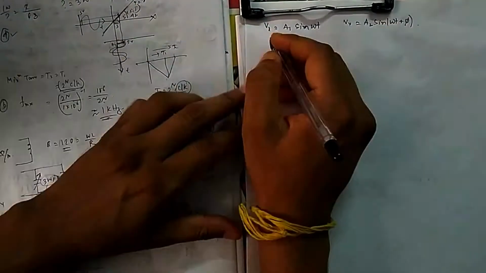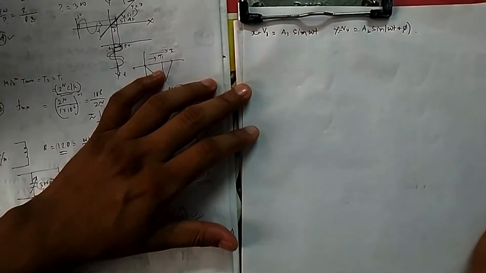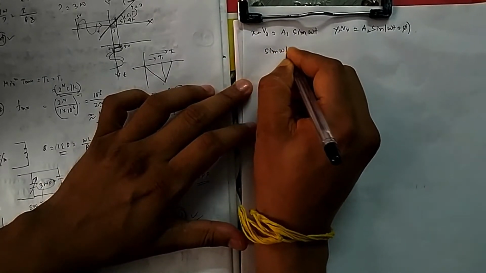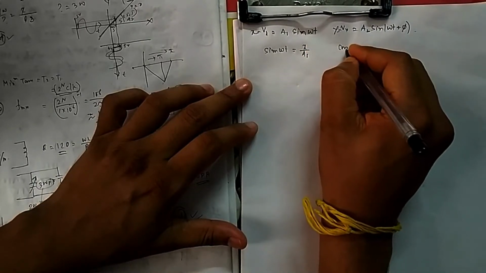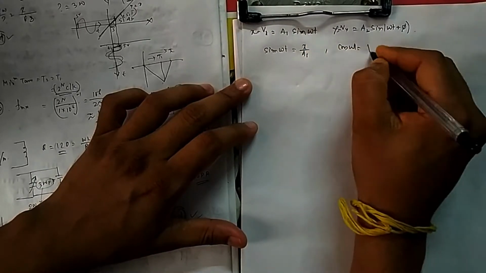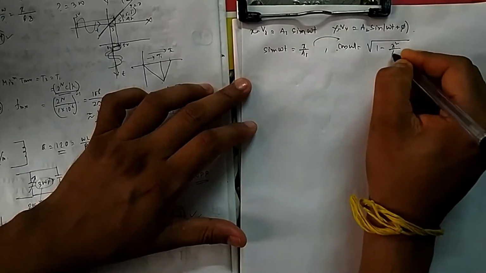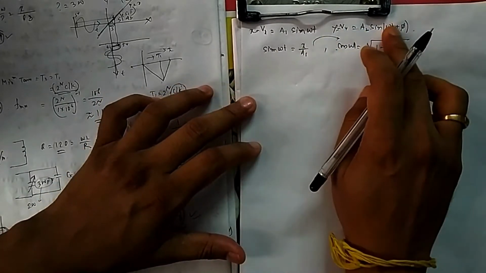That is my idea. So from here I will get x, from here I will get y. So what is your sine omega t? Your sine omega t will be equal to x by a1. Let me write cos omega t then. If I know sine omega t, then cos omega t is the square root of 1 minus sine square, that is x square by a1 square. I will be needing this one. So what is your y? Then let's put in place of that t.